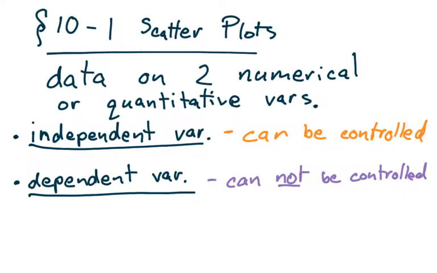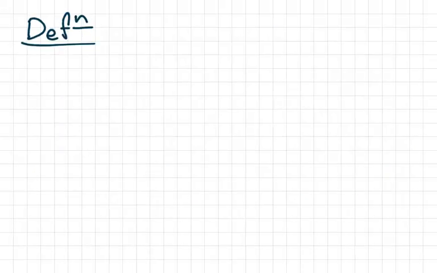We assume to a degree that the volume of sales might depend upon the price that we set. We're making an assumption that the dependent variable depends on the independent variable.